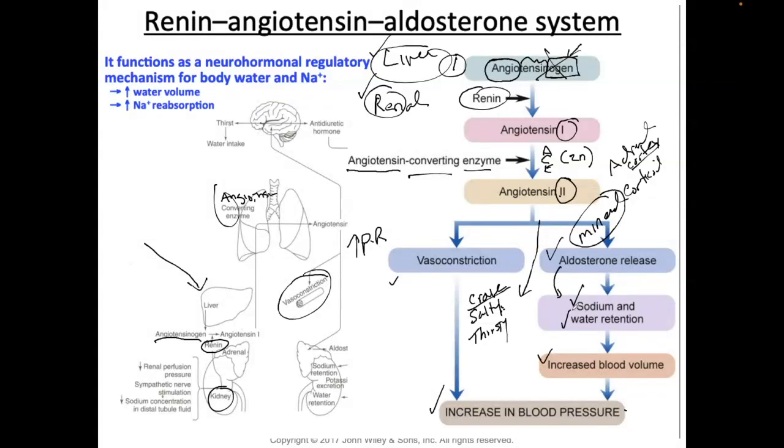So the salt that you consume, aldosterone is going to say we're going to retain it, and the water that you drank, you're also going to retain. And that's also because angiotensin 2 stimulates antidiuretic hormone.